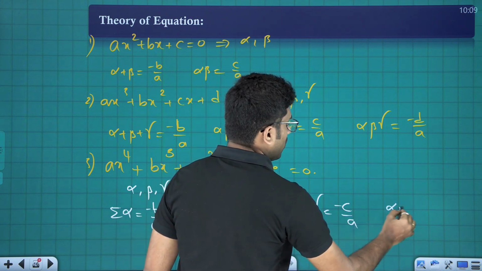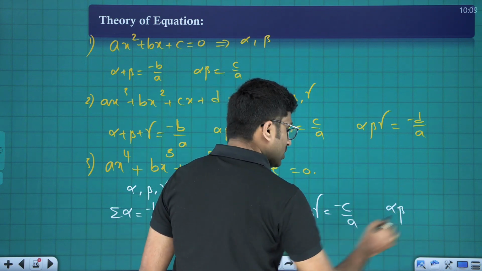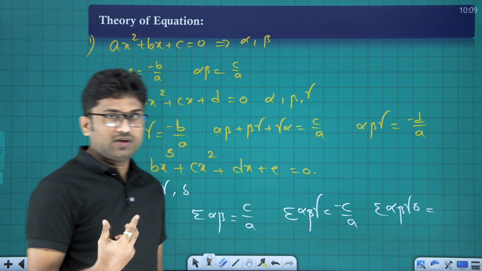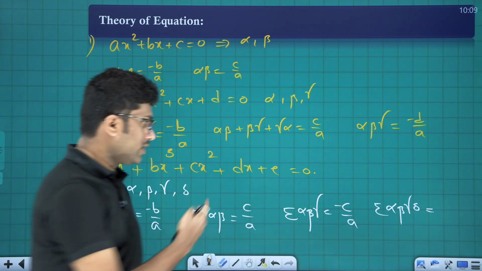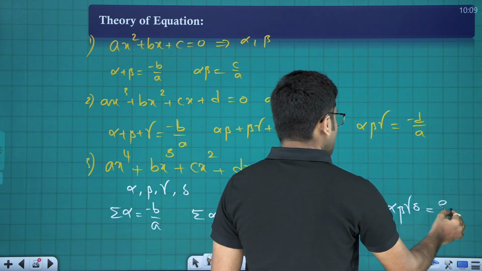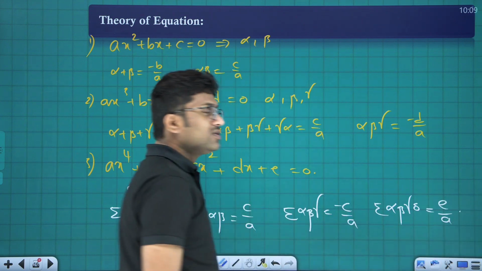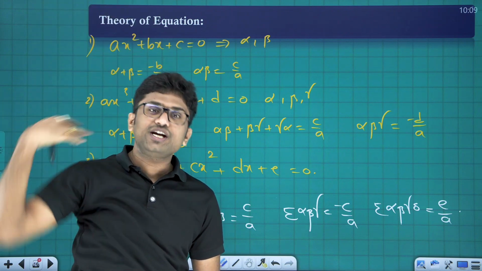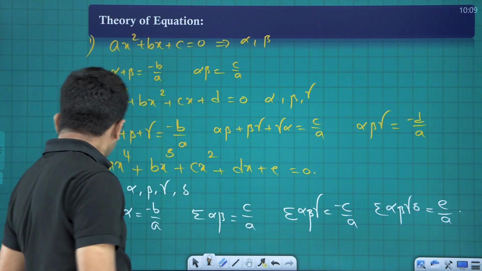And the product of all of them, alpha beta gamma delta, or you can put sigma, you will get only 1, because when you take 4 roots at once you will get only 1. So that will be e by a. This we can extend up to any degree polynomial, clear?